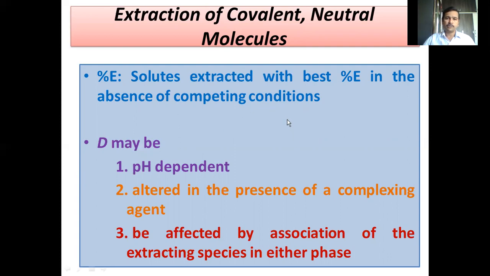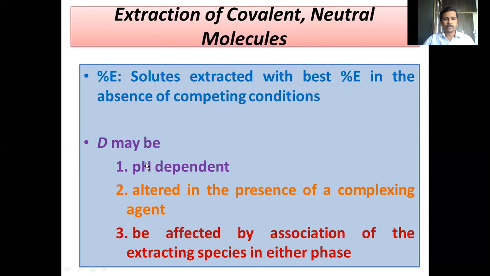So the solute is maintained in its original state in the aqueous solution, because the analyte has not undergone any transformation before we subject it to the extraction procedure. Therefore, the extraction efficiency depends solely upon the solute state. Percent extraction has a direct relationship with the distribution ratio, D. So for any solute, the distribution ratio is the deciding factor, and hence we can calculate the percent efficiency of the extraction.